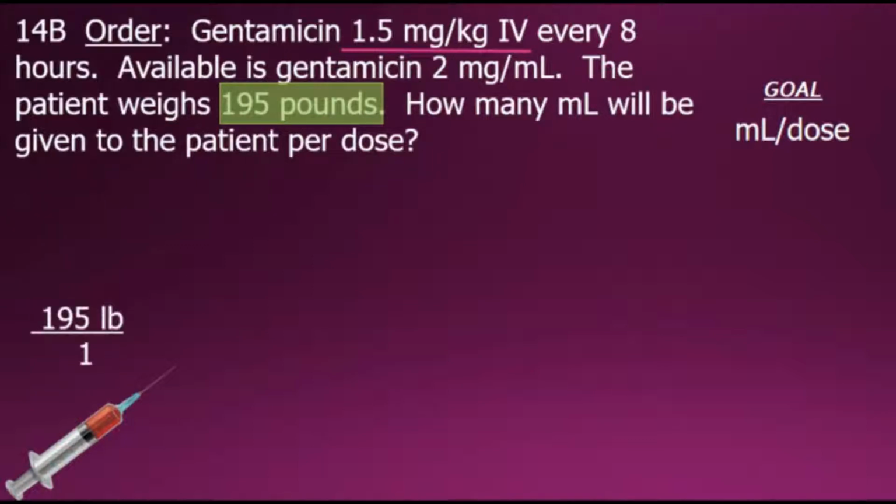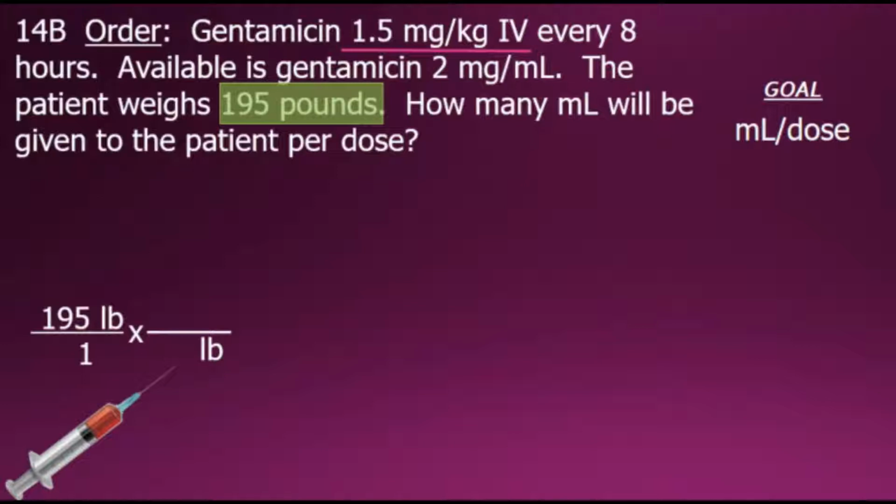We'll express that as a fraction to begin the process, but before we can use the doctor's order to determine the correct amount of medication to administer, which is milligrams per kilogram, we'll need to convert this weight to kilograms. To do so, we will place pounds in the denominator so that the current unit is canceled out.